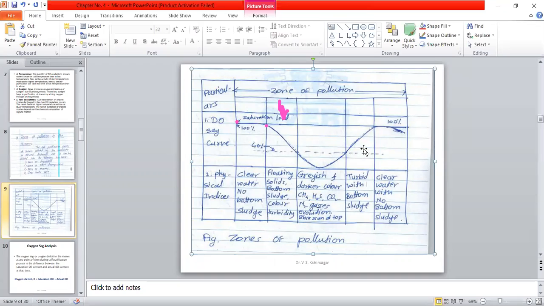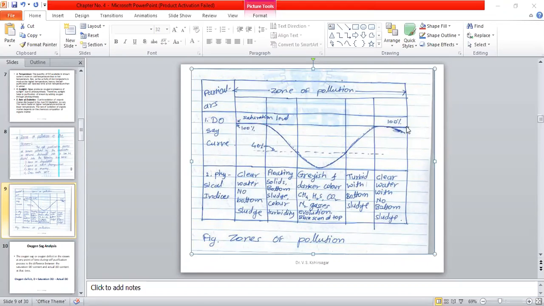At the same time, the dissolved oxygen level increases, going above 40% towards 100%, and the BOD present in the sewage starts being removed.